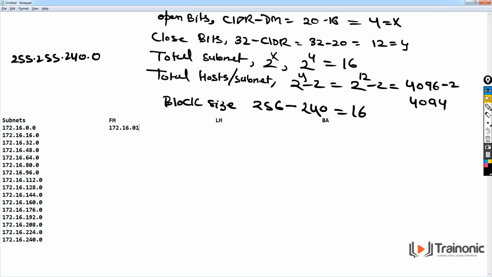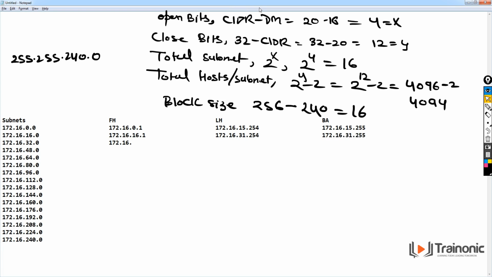First host will be 0.1, last will be 15.254 and broadcast address will be 15.255. Same here, first host will be 16.1, last 31.254, broadcast 31.255.